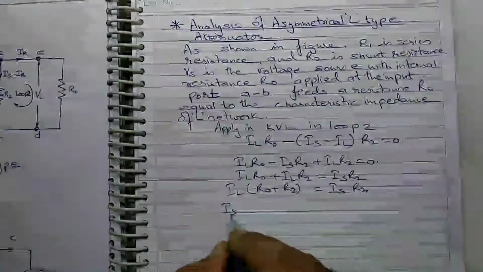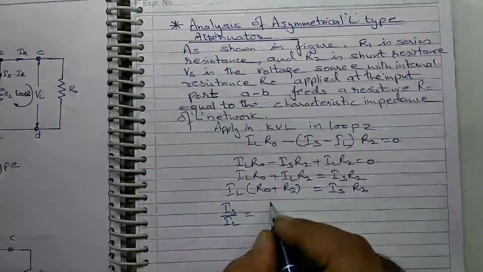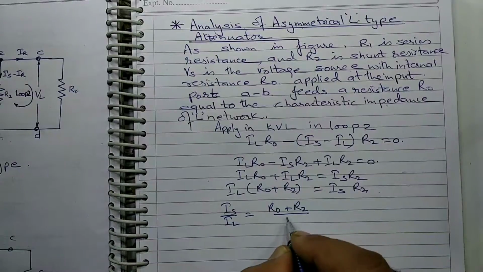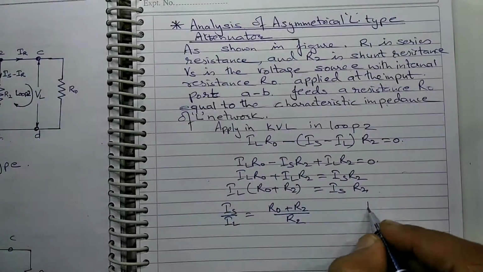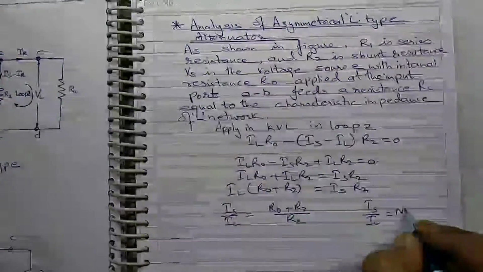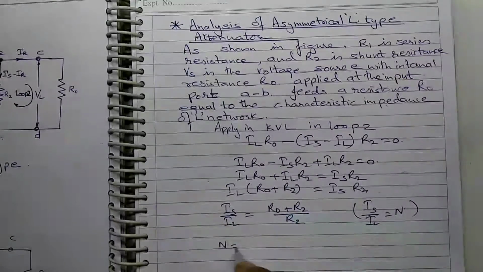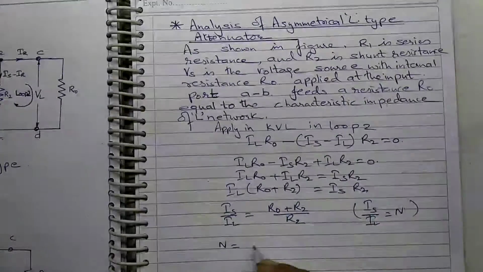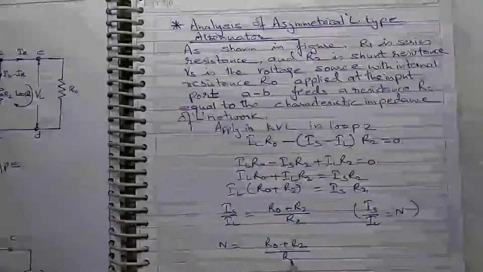So, Is upon IL is equal to (Ro plus R2) divided by R2, where Is upon IL is equal to N. So, N is equal to (Ro plus R2) divided by R2.